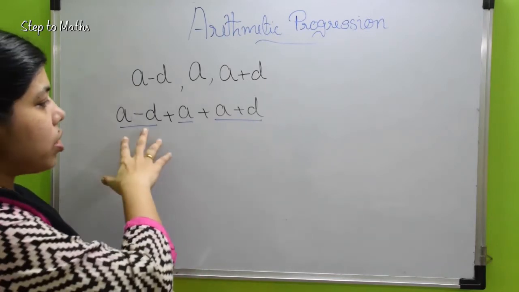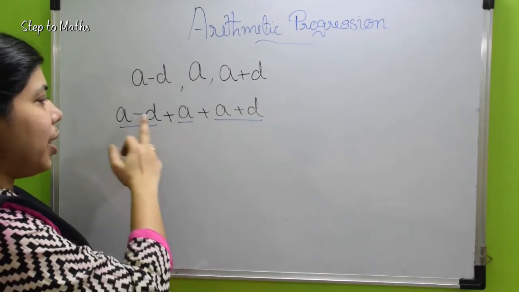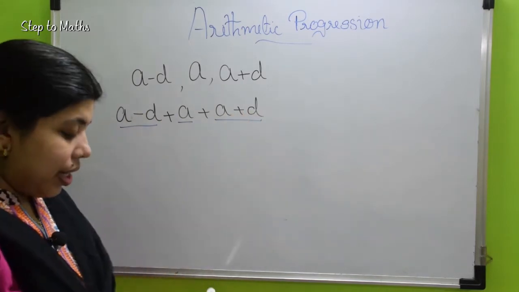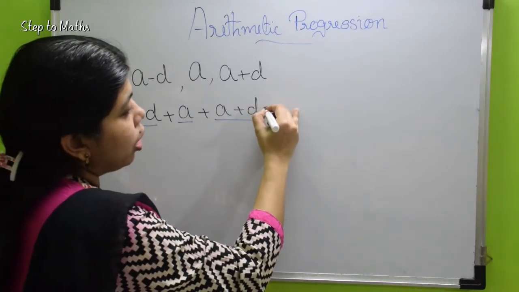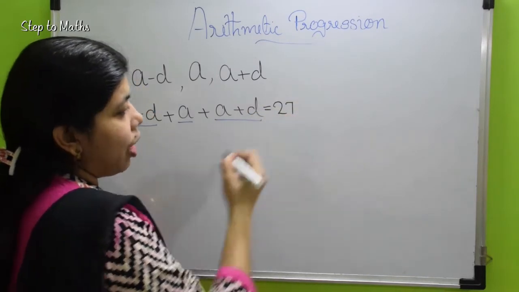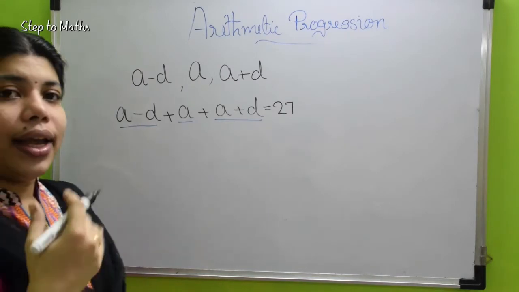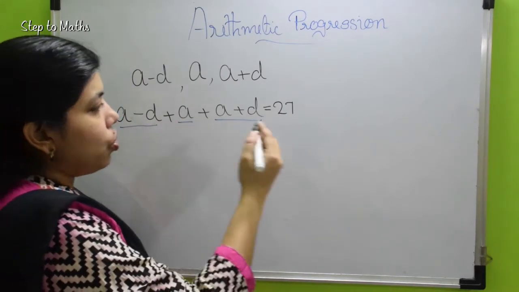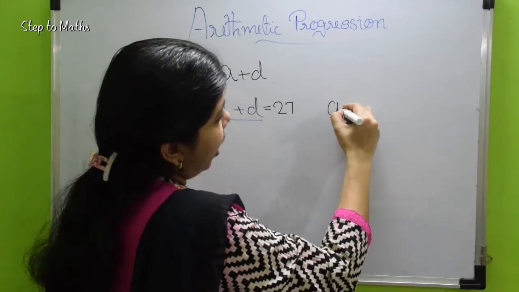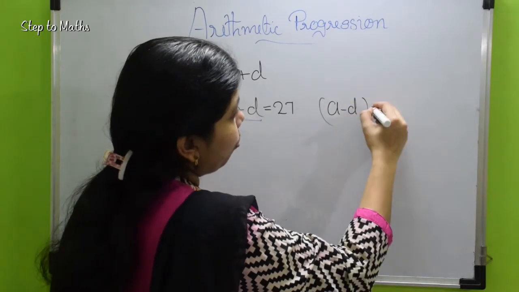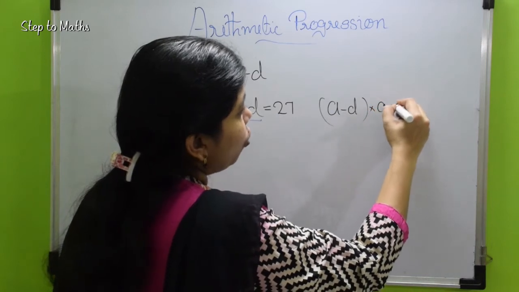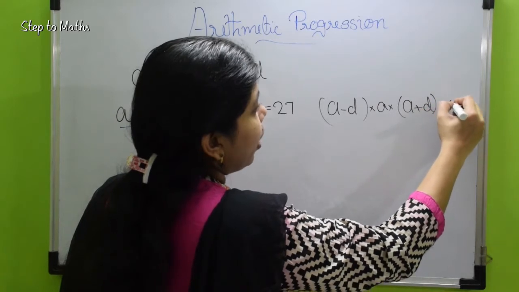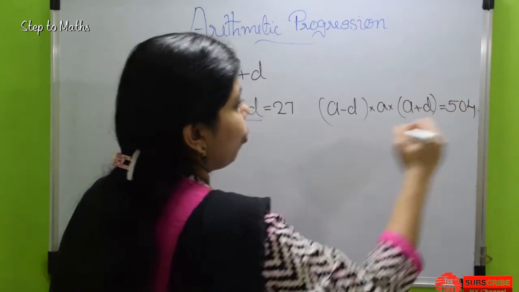The three consecutive term and their sum, that is a minus d plus a plus d, and this sum is given as 27. The next given value is their product. So we can write a minus d into a into a plus d. That product is 504.